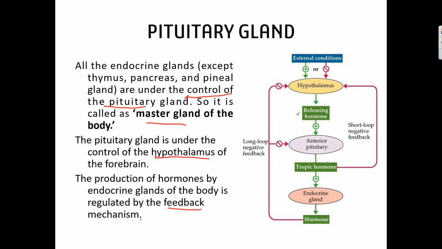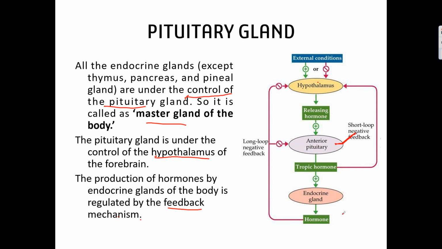If you see here, the pituitary gland is the master gland of the body, and it is controlled by the hypothalamus. You can see the arrows. The positive arrow means it is activating this anterior pituitary gland. The pituitary gland then secretes some hormone, which goes and activates another endocrine gland, and this endocrine gland produces its hormone.